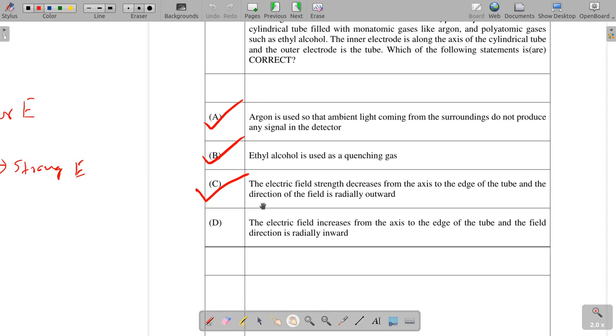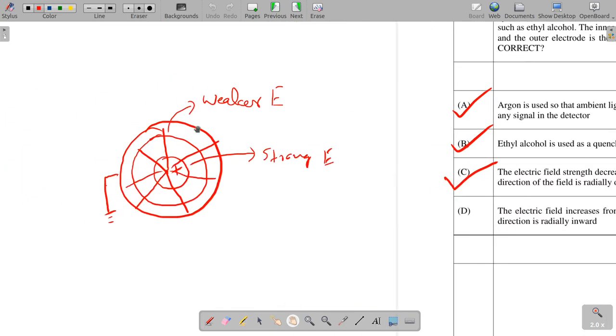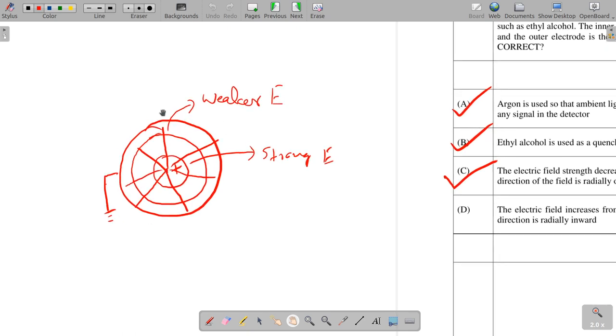The last option is something I can think through: the electric field strength decreases from the axis to the edge, or it increases. If you have an arrangement like this, you have a central node here and a surrounding electrode in cylindrical fashion, these should be the electric field lines.